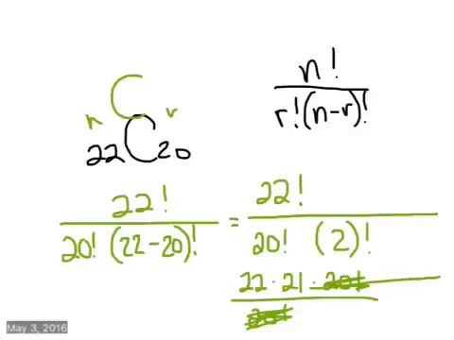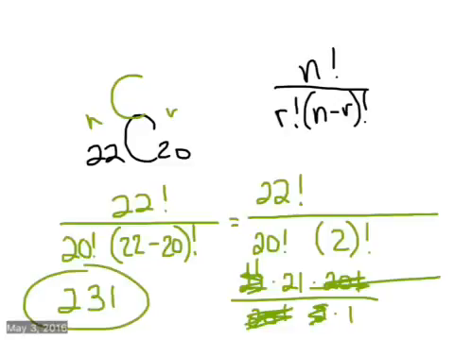So I'm left with 22 times 21 over 2 times 1. The 2 can cancel with the 22 to make it 11. So I'm left with 11 times 21, and 11 times 21 is 231.